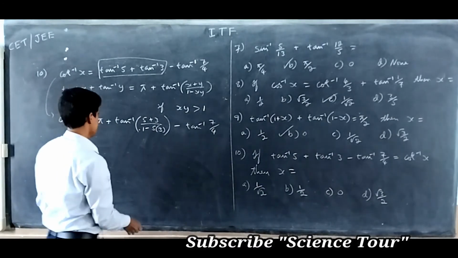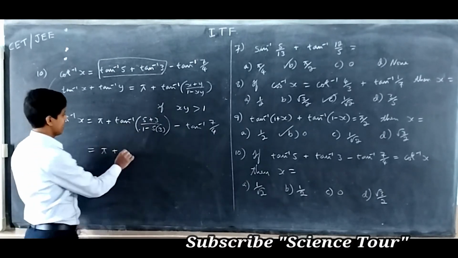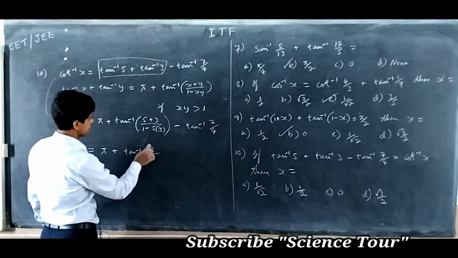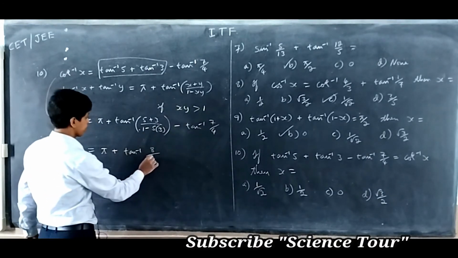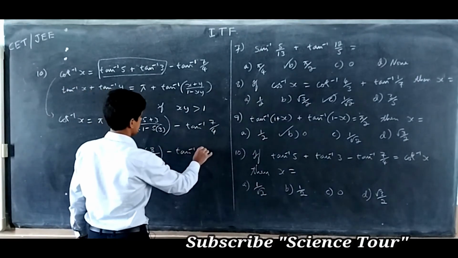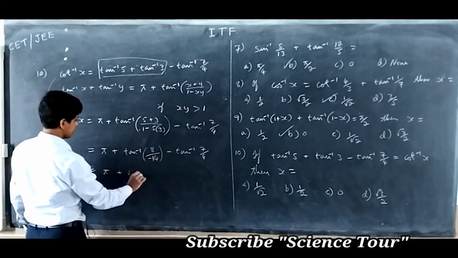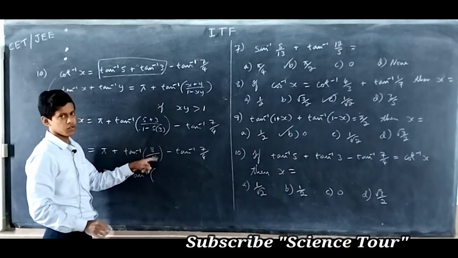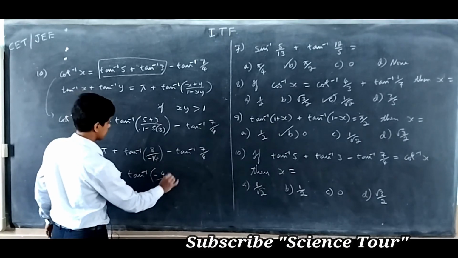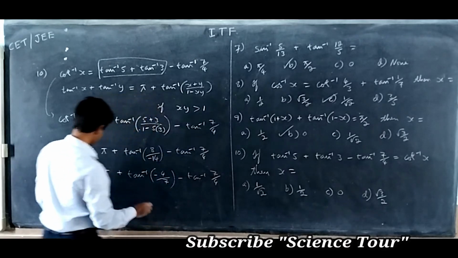Now pi plus tan inverse, see 5 plus 3 which is 8, 1 minus 15, that is minus 14. So minus tan inverse 7 by 4. Now 4 and 14 can be simplified by 2. So this will be minus 4 by 7 minus tan inverse of 7 by 4.